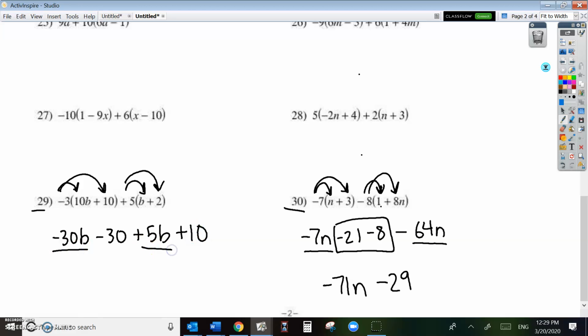Combine these two and combine these two. -30b plus 5b is -25b. -30 plus 10 is -20. We actually need to do one more where you can see how the negatives interact.